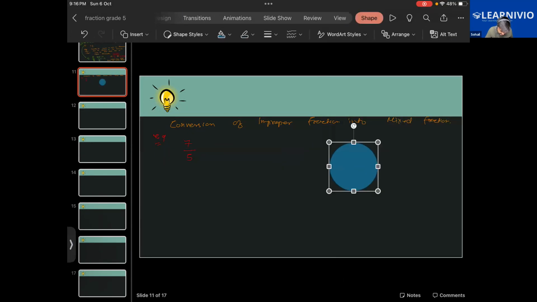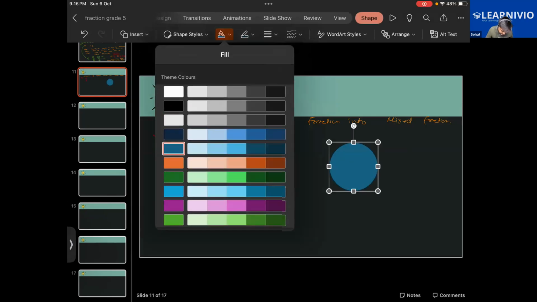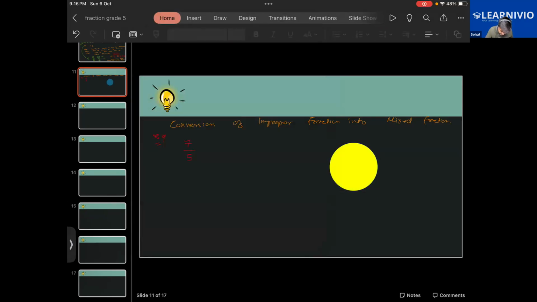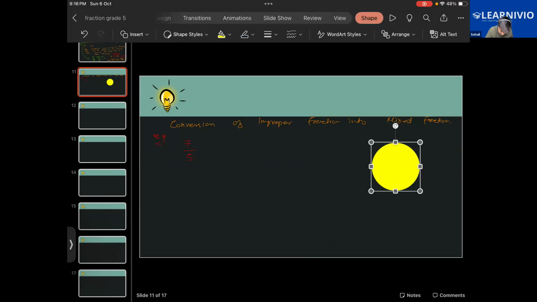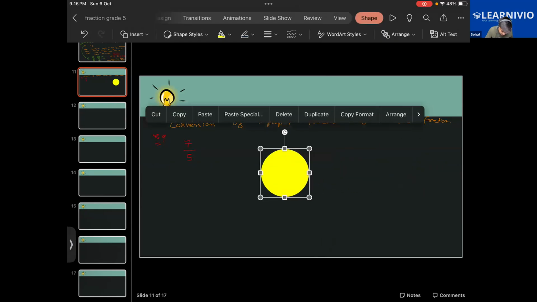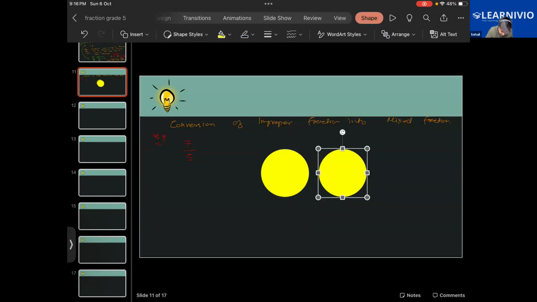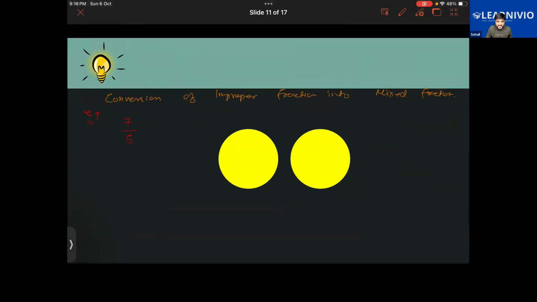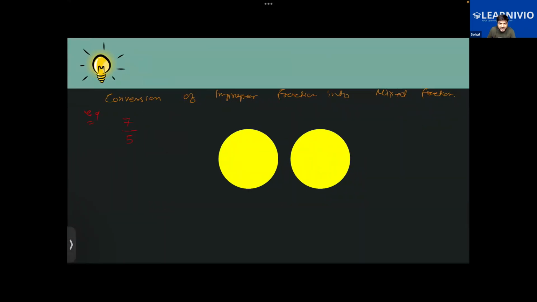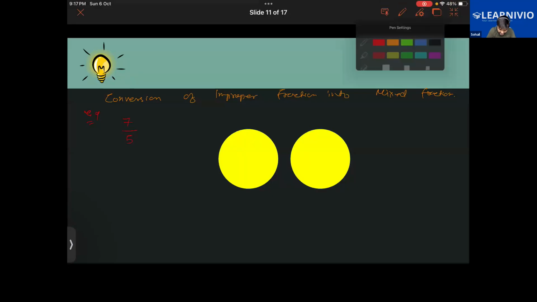After I am done explaining, then you will be writing. Say I have taken a circle here, and I am going to divide this into 5 parts. 5 parts, like this.